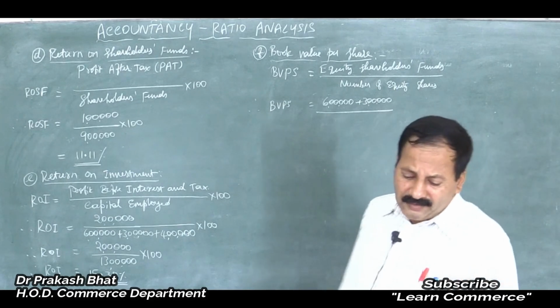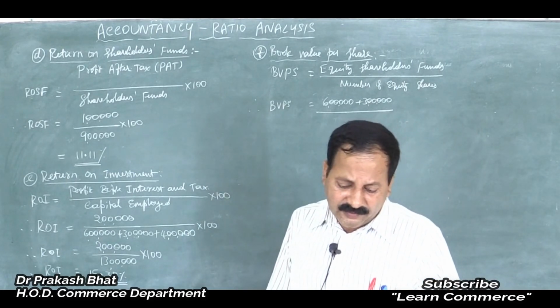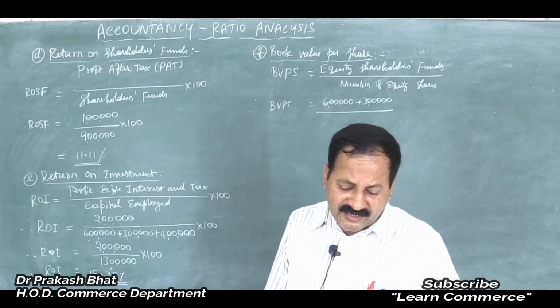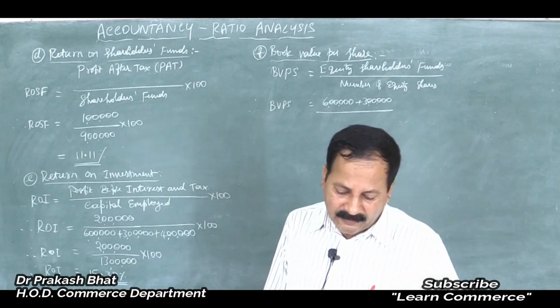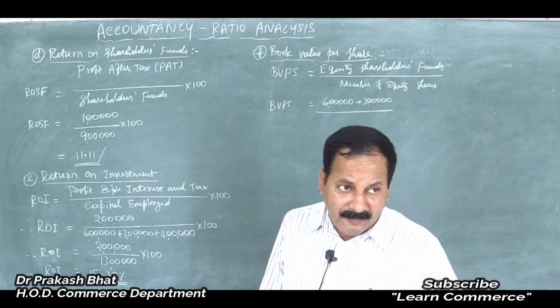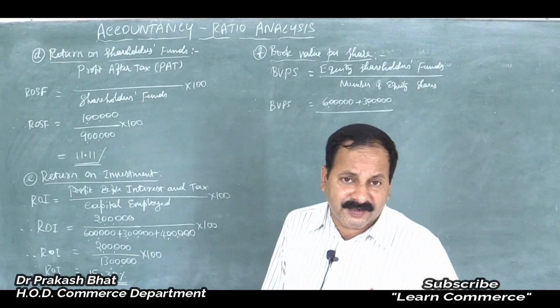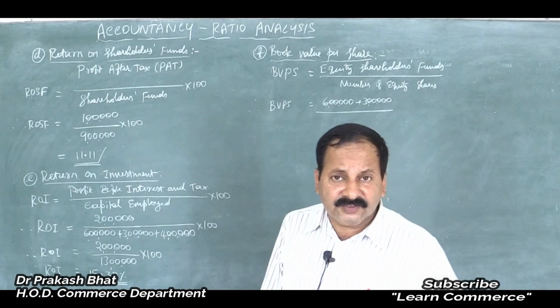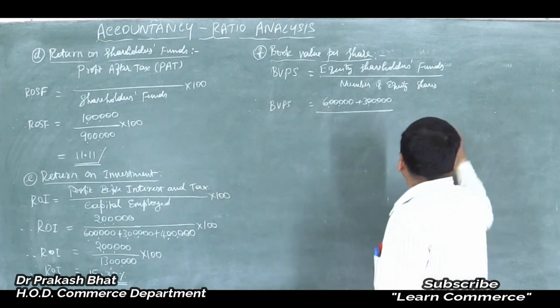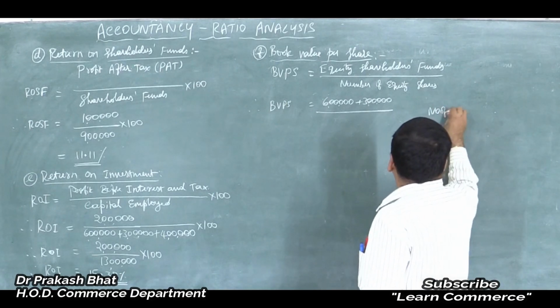How will you calculate number of equity shares? It's very clearly given in the problem. Share capital of rupees 10 each. 6 lakh is the capital, divided by face value 10, isn't it? So you will get 60,000 shares.